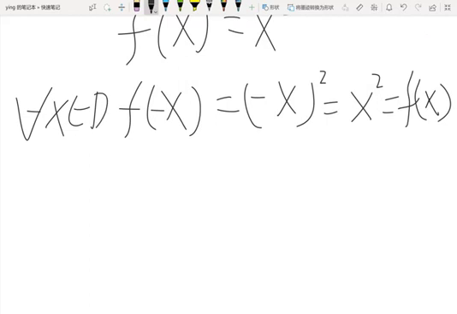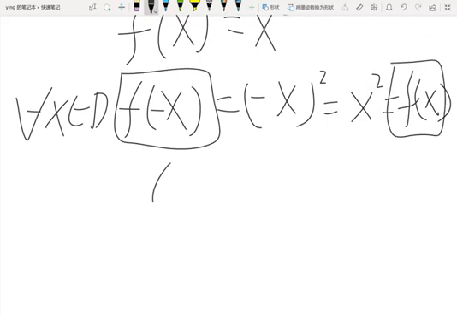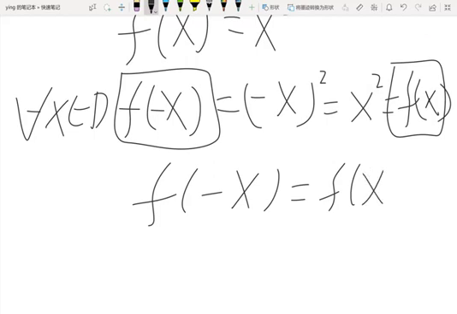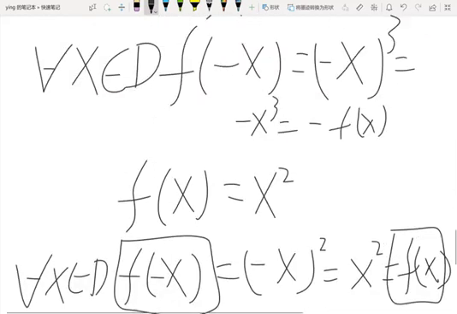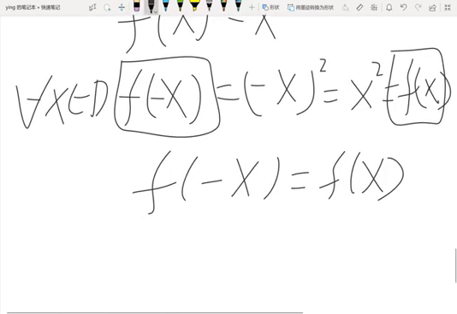For any x in the domain of f, f(-x) equals f(x). This stands. So according to the definition, it is an even function.